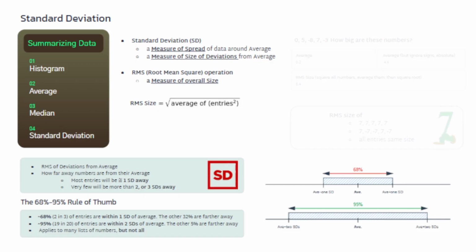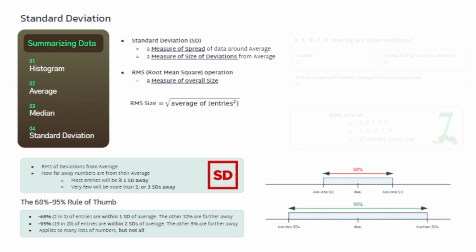We talk about the 68% and 95% rule. For most data sets, 68%, that is 2 in 3 of the numbers, are within 1 standard deviation of the average, and the other 32% are farther away.